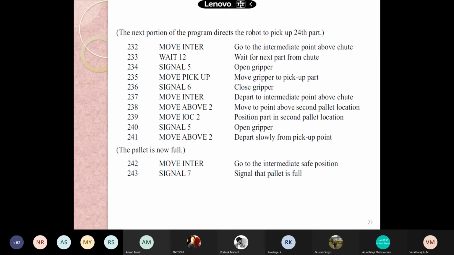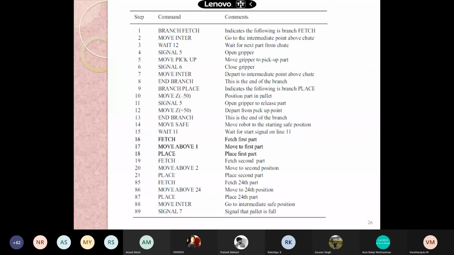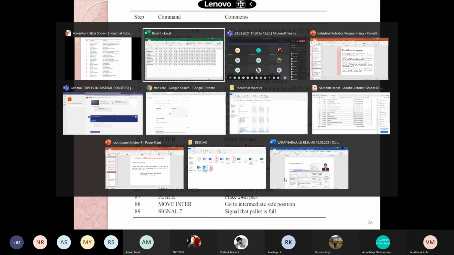In order to reduce these 244 lines, with the aid of this branching, we can reduce these 244 lines into 84 lines, that we'll discuss in tomorrow's lecture.